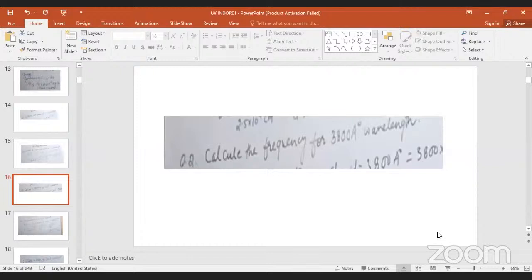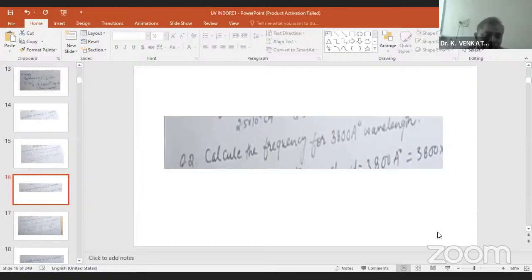Because c is 3 into 10 to the power 10. We can check whether correct or wrong.